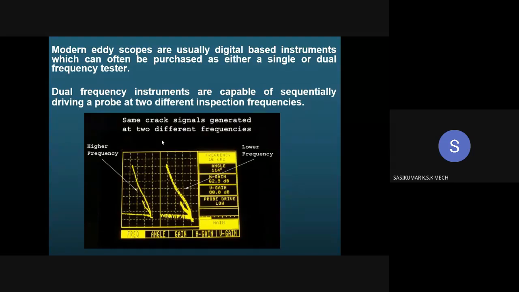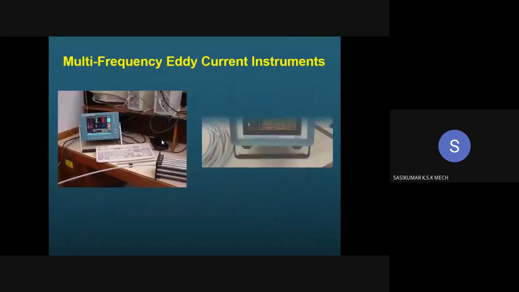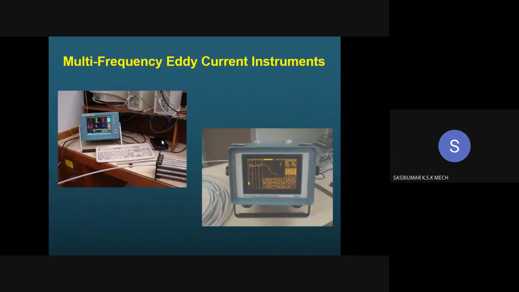If one frequency misses the crack, the other frequency will cover that crack. That is what dual frequency inspection devices do. Now here the probe will be operated at more than one frequency level. That is what is called multi-frequency eddy current instruments.